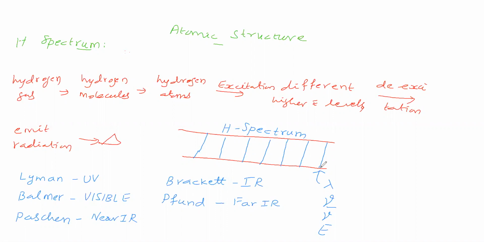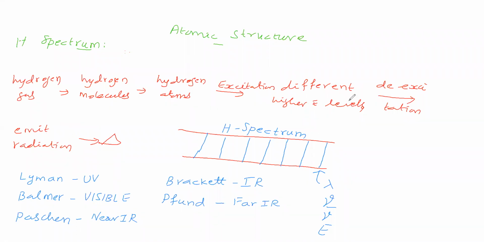Here we got this spectral line because of emitted radiation. Which is emitting radiation? This higher energy level electron is emitting radiation, isn't it? This higher energy level electron goes for de-excitation while emitting radiation.